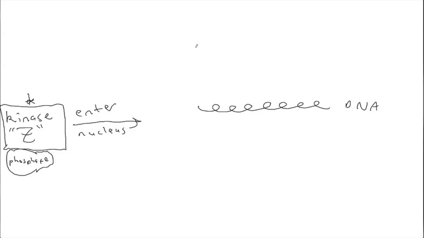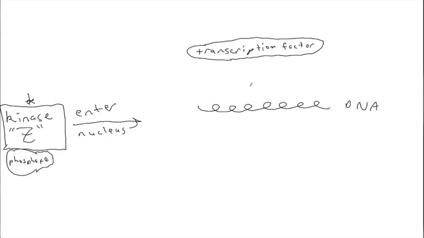Well, there are little molecules floating around which are called transcription factors. So when a transcription factor binds to a portion of the DNA, that tells the cell to transcribe that portion of the DNA. And when a different transcription factor binds to a different portion of the DNA, that tells the cell to transcribe that portion of the DNA.